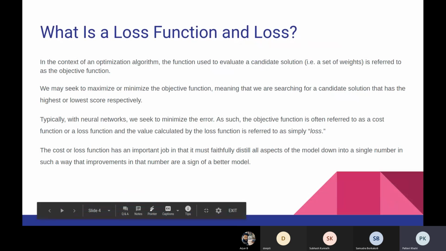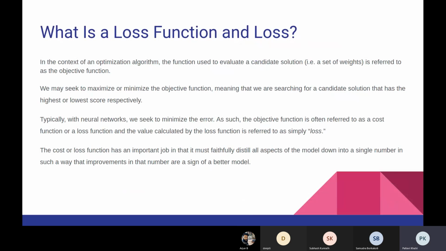As I said, there is a black box between the input and the output. The set of weights used to evaluate the candidate solution is evaluated by the objective function.